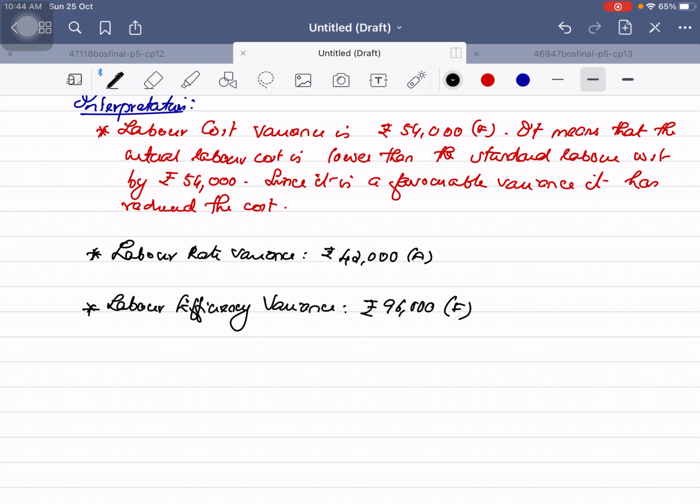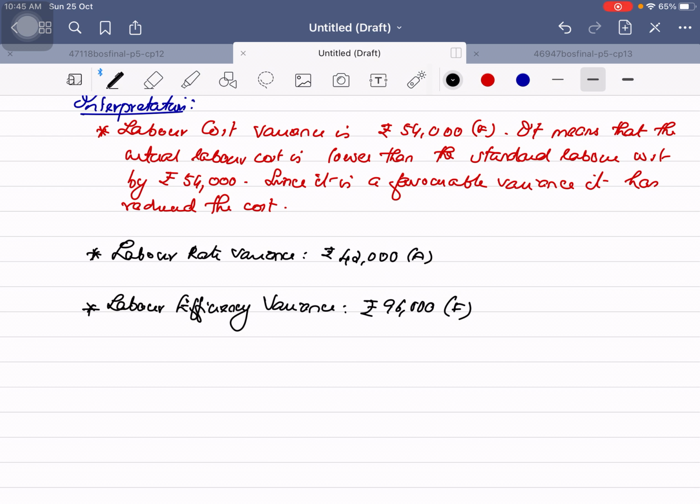In the given case, the actual hours consumed is lower than the standard hours that ought to have been consumed. Therefore, it results in a favorable variance of rupees 96,000.